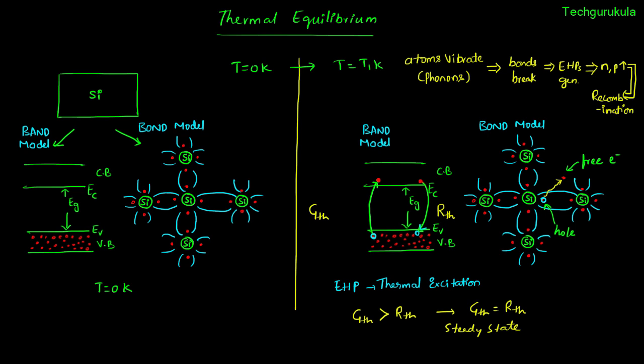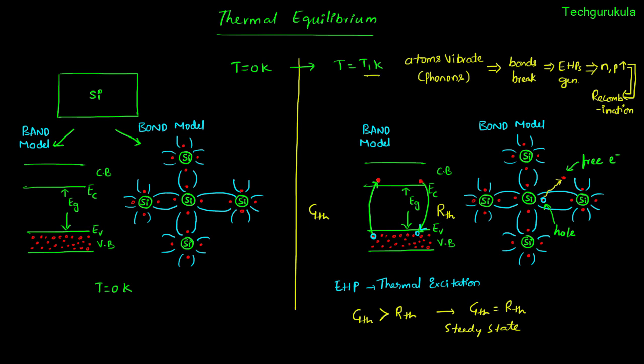It gave rise to electron hole pair generation. We called it thermal excitation. And then because the carrier concentration increased, it triggers a reverse phenomenon called recombination, because of which the carrier concentration in the conduction band would not increase further. It will remain constant with respect to time, assuming the temperature is fixed.